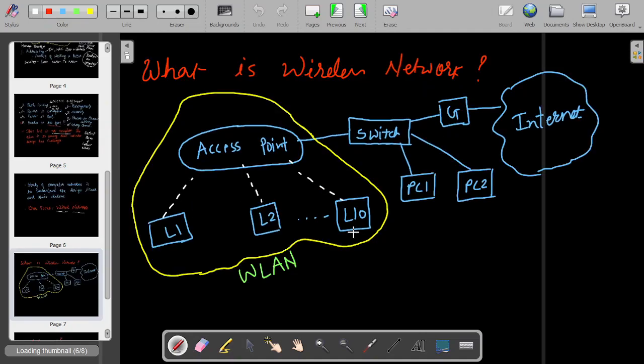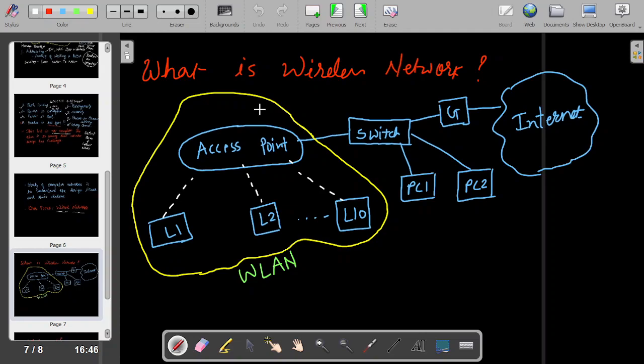Here is an example of a wireless LAN. You can see in this diagram that there is an access point, and you must have seen access points in your lab or in your office where Wi-Fi facility is available.